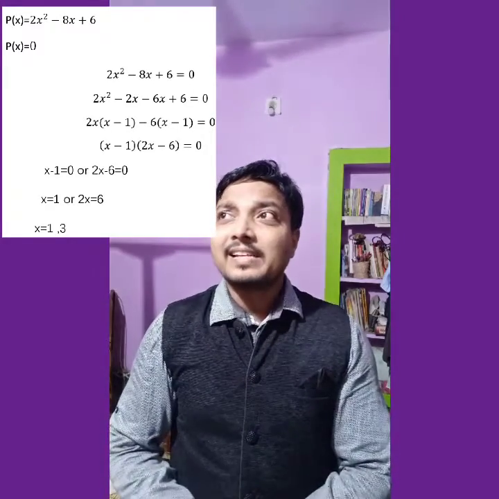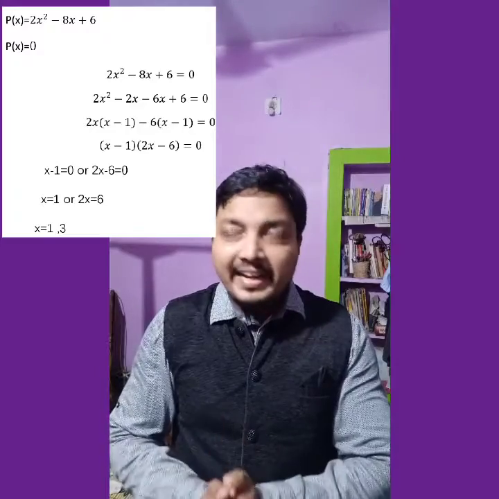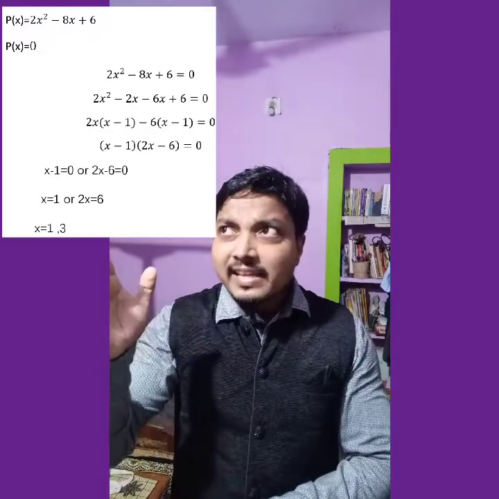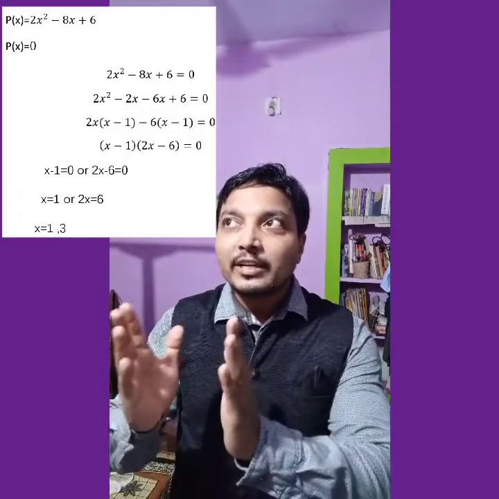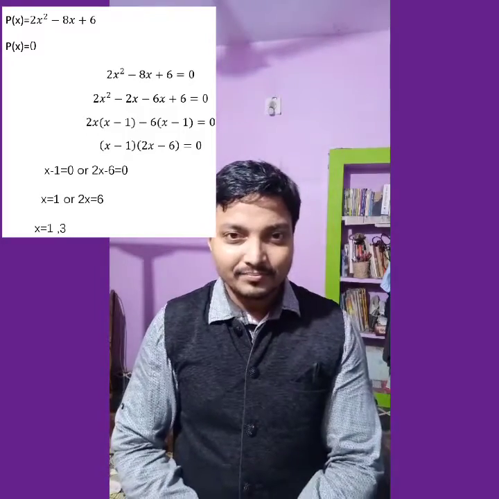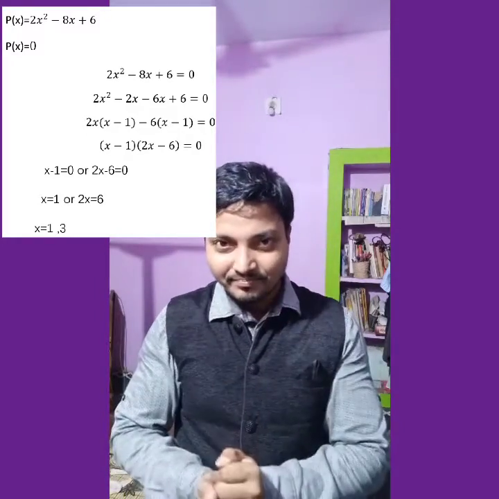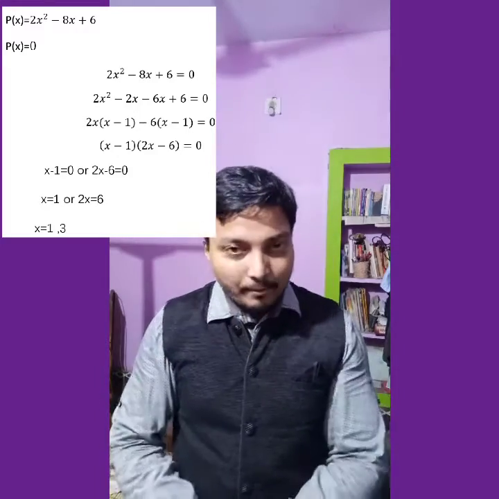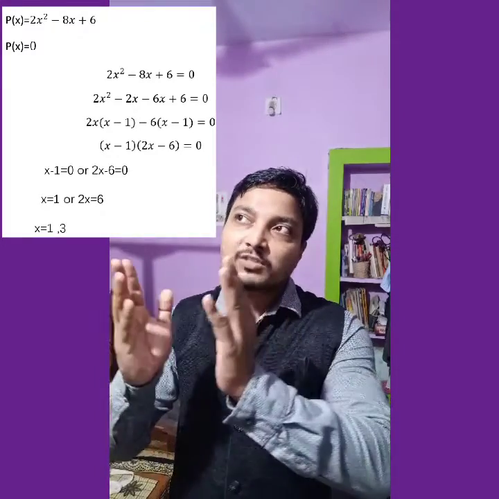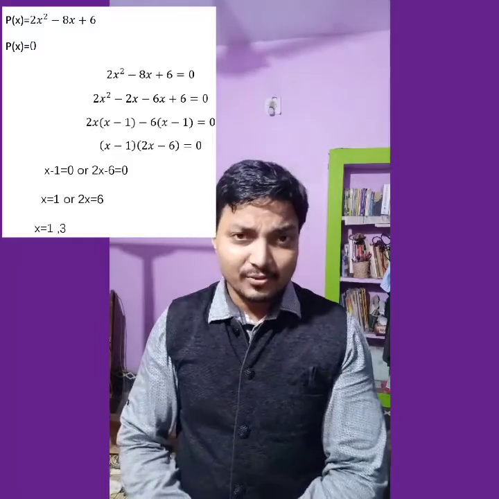So I have to split the middle term minus 8x in such a way that its product will be 12x square, the product of the starting and ending terms. Understood? The sum should be minus 8 and the product should be 12x square.